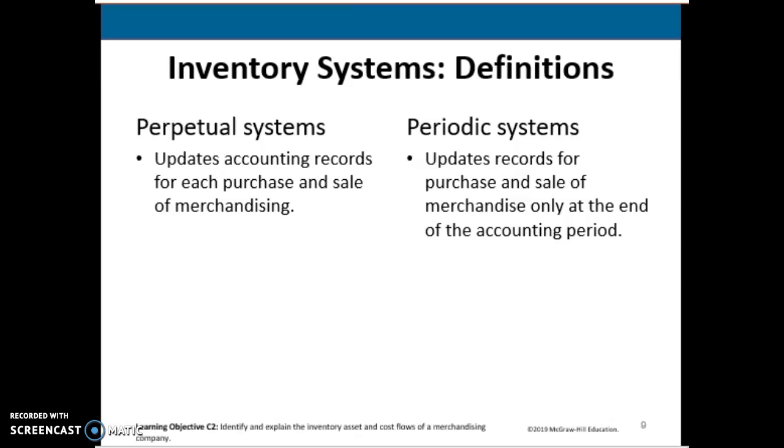That's not realistic because we know that in retail stores, if you're not updating your inventory frequently, you don't know what you have and what you don't. So you could be midway through the month and be out of a product that's not sitting on your shelf anymore that's still in demand. But because you don't know that in your inventory system, you don't know that you needed to reorder it. So perpetual inventory systems are going to keep us up to date as we do things. So that's what we're going to be using.